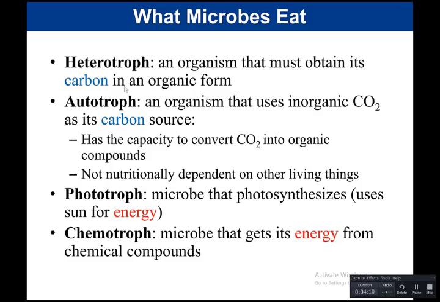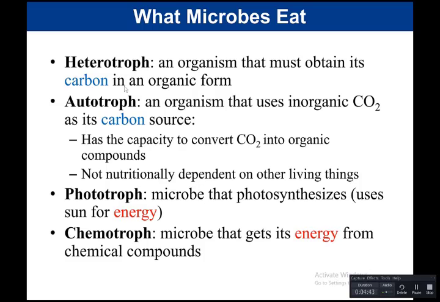They have the ability to convert carbon dioxide into organic compounds. They are self-feeders. They can make their own organic compounds. These organisms are not nutritionally dependent on other living things. Again, they are self-feeders.